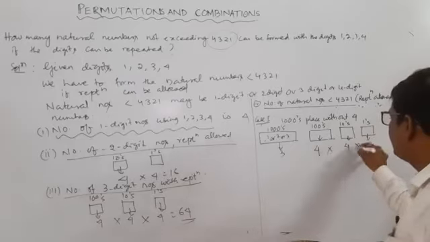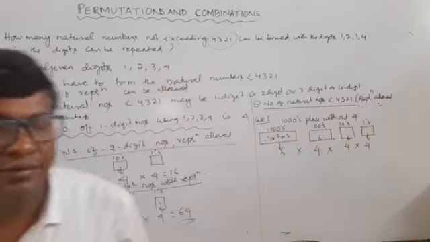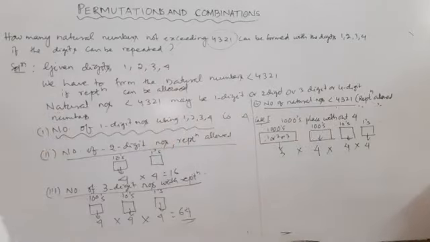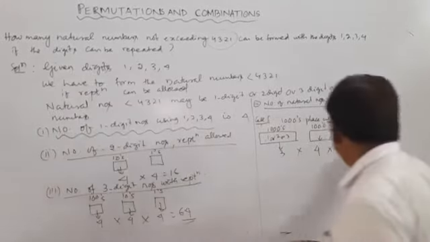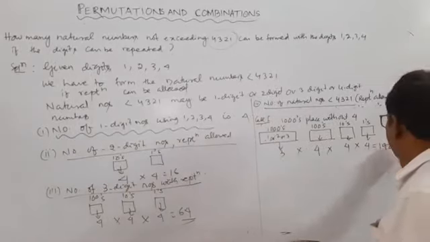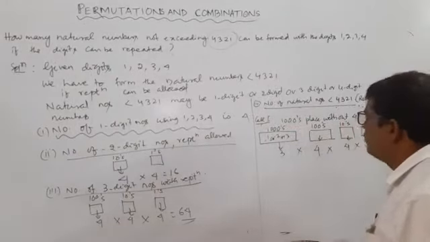So multiply these. The number of such numbers is 3 into 4 into 4 into 4, that is 192. This is case 1, thousands place without 4.